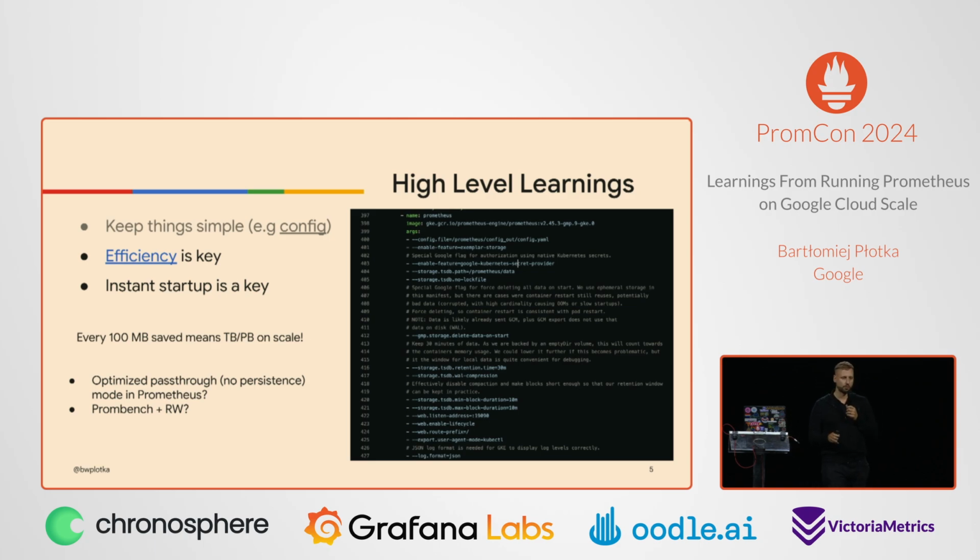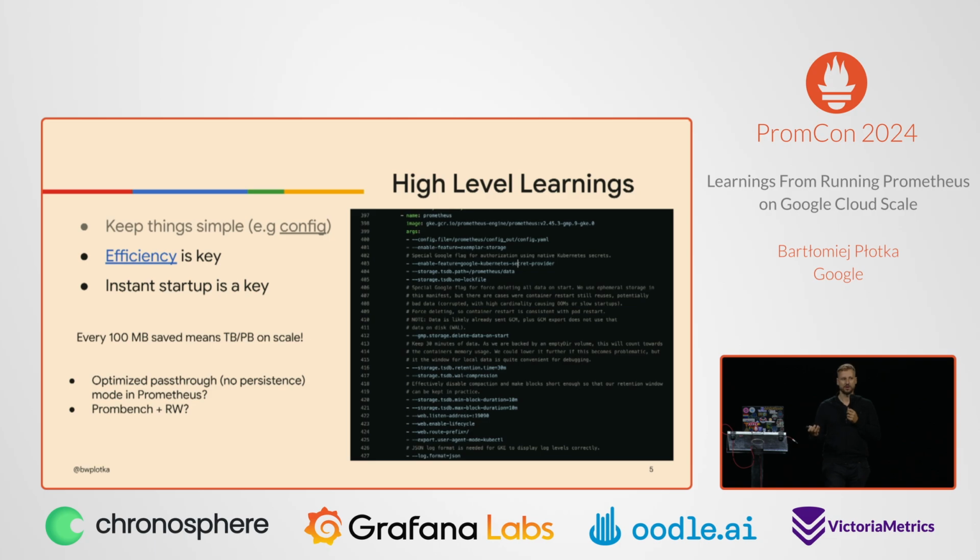We are playing with agent mode, but we're not super decided yet. But I would like to inspire us to think about something more innovative, like maybe pass-through mode, which is removing the durability of the WAL, not having a WAL and simply focusing on sending. And this is what we use.